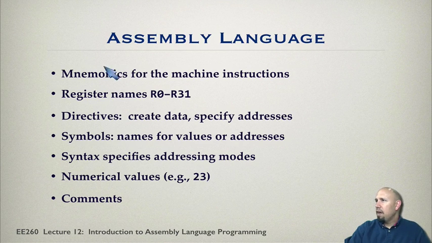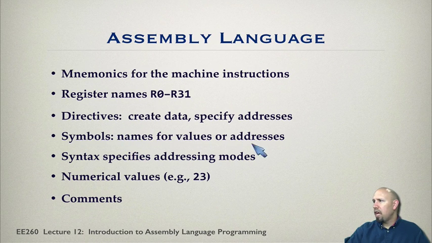So again, you have mnemonics for the machine instructions. You have the register names, registers 0 through 31, so again 32 registers. In your program, you have what are called directives. Directives do things like create data, specify addresses, determine what header files will be included, define global variables and stuff like that.